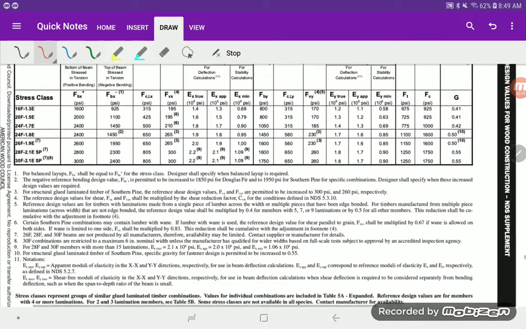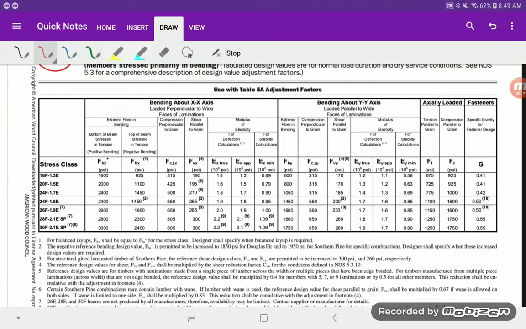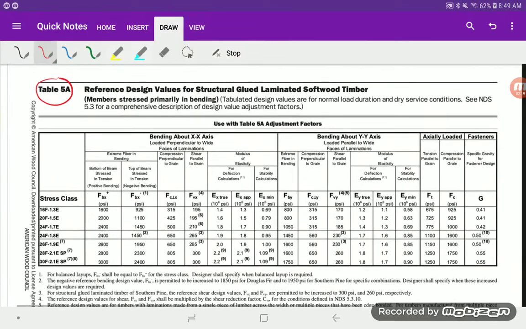If we go into this, you're going to see reference design values for glulams and softwood. Our Douglas fir is a softwood, and if it's a 24F 1.7E, boom, here is our 2400 psi reference value.